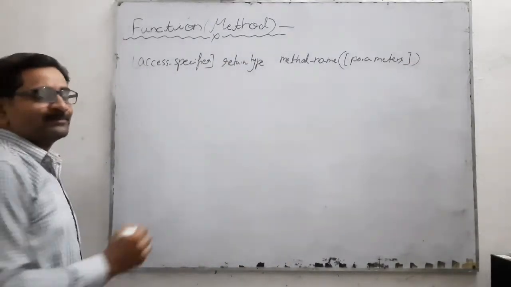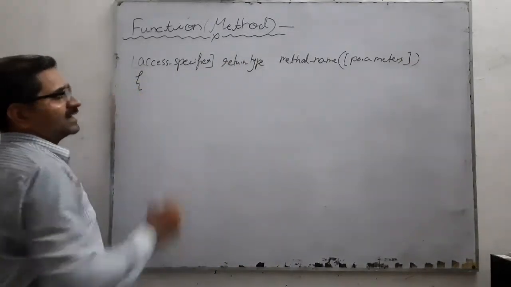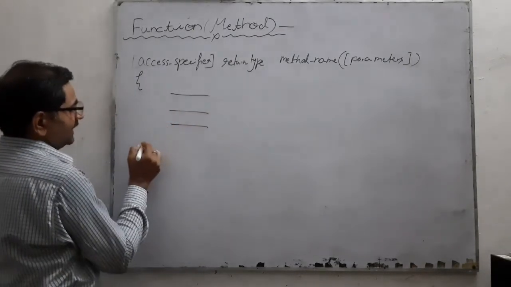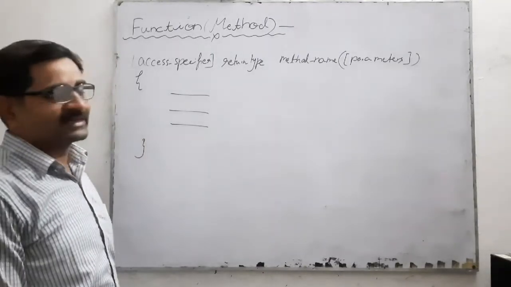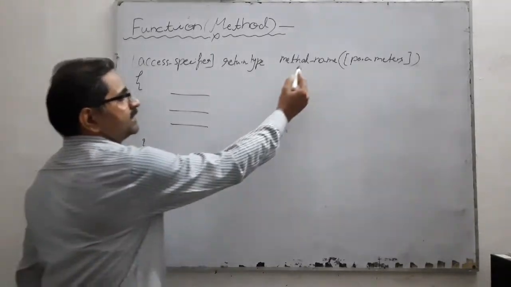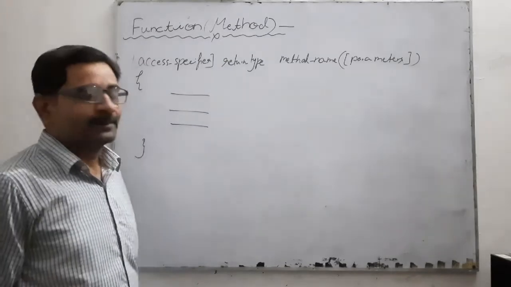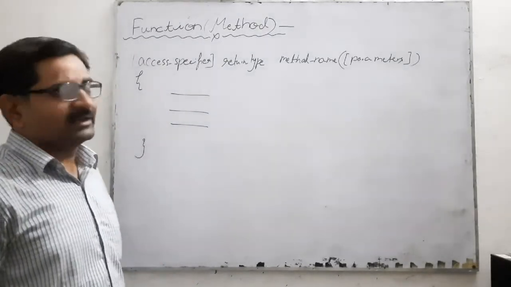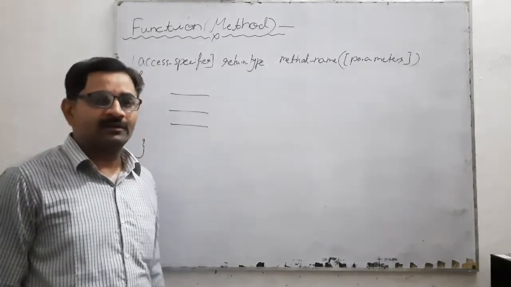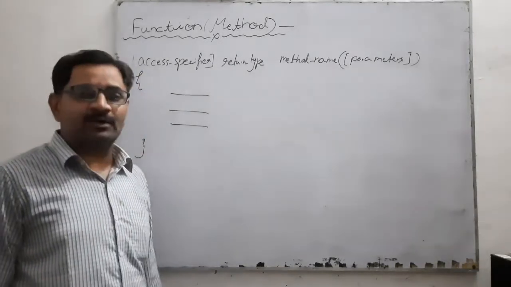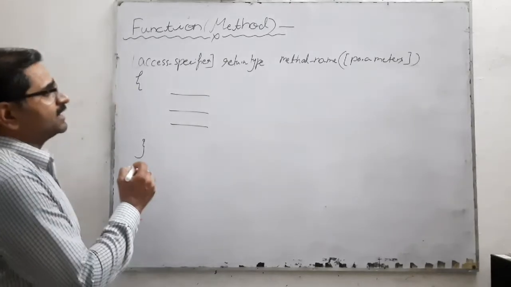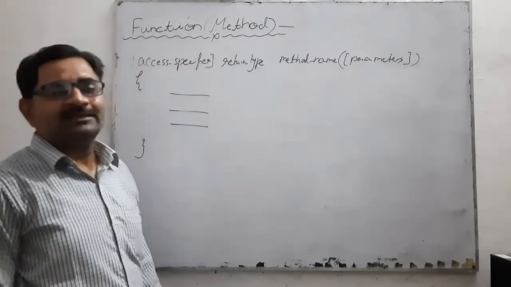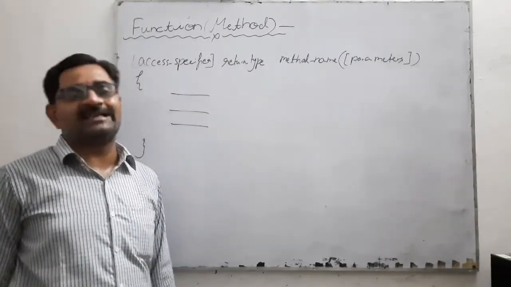After this statement, open the curly brace, and here you can write the instructions or statements related to this particular method. In this way we can declare any method in a program, and we can also define the method in a program. The method name along with the parameters is known as method signature or function signature.